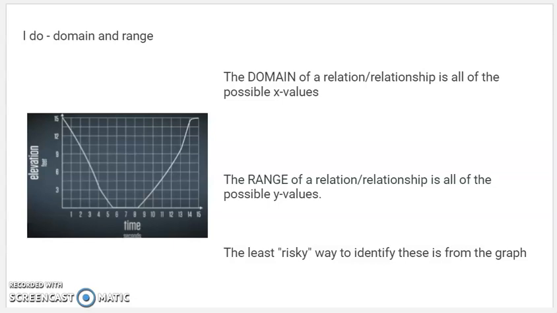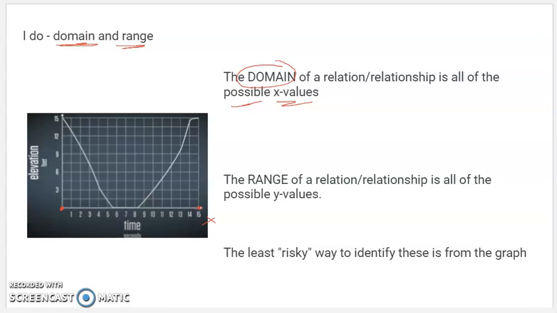Some more words for you today. Important words I want to add in: domain and range. So when we look at this relation, the domain of this relation is all of the possible x values. So on the x-axis, that's this one. It's everything x could be. So in this situation, x is any number between 0 and 15.